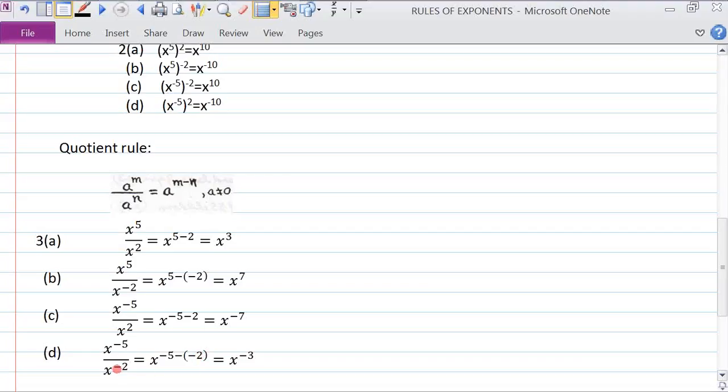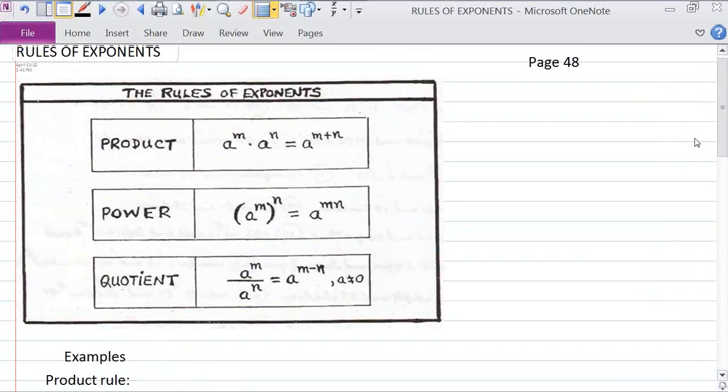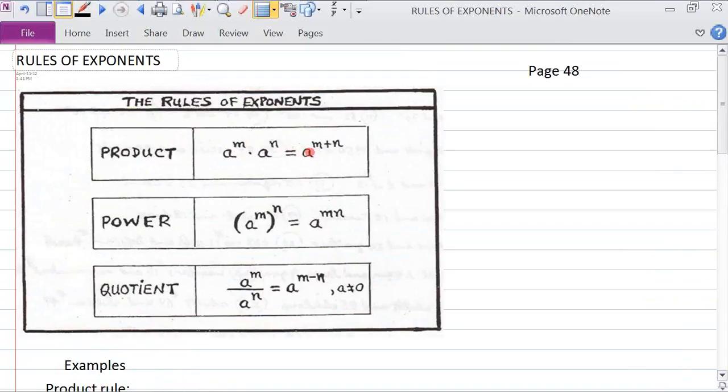I could have just said, okay, bring this up, make it a plus 2. Bring this up, make it a minus 2. Bring this up, make it a plus 2. Bring this up, make it a minus 2. So you can do it either way. This is just sort of an explanation here. So what we've done is the product rule.